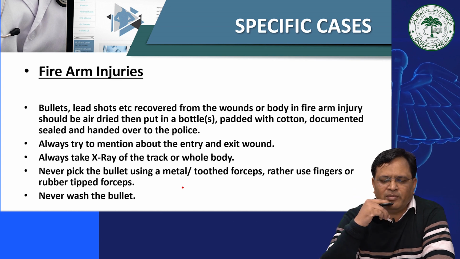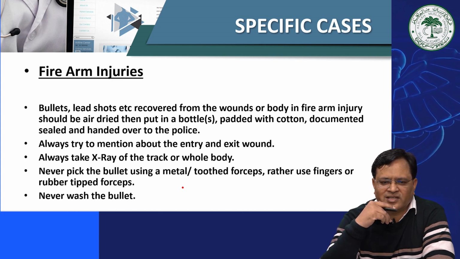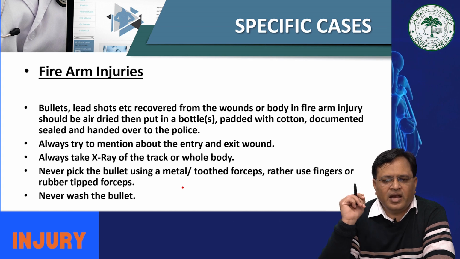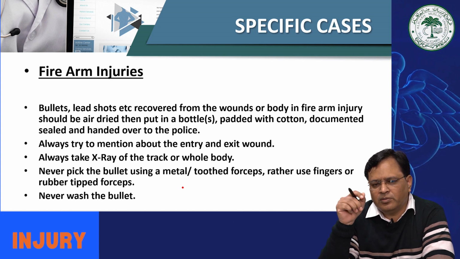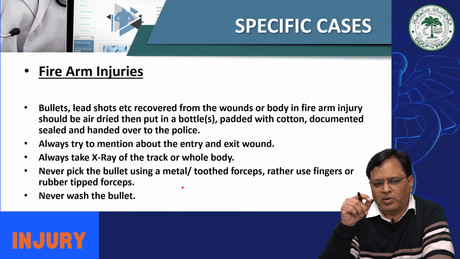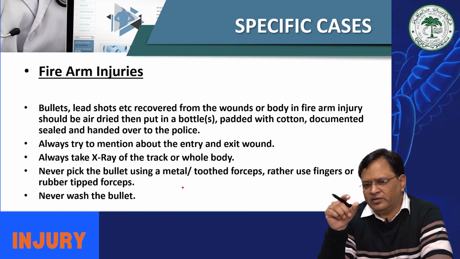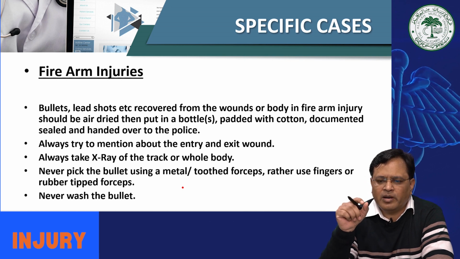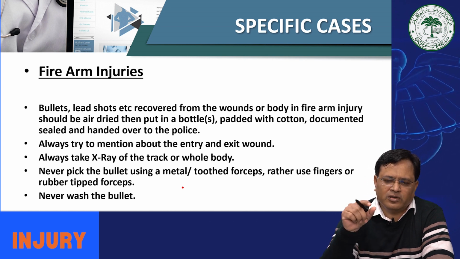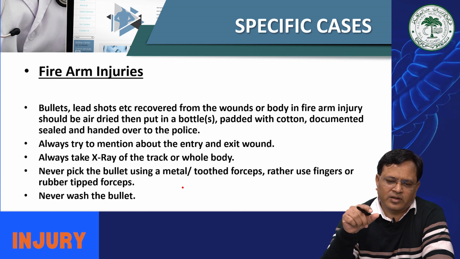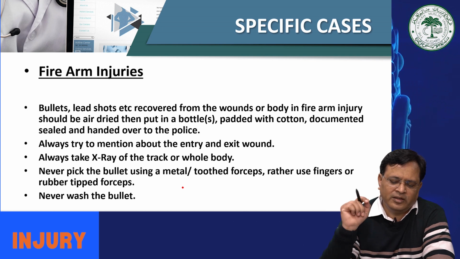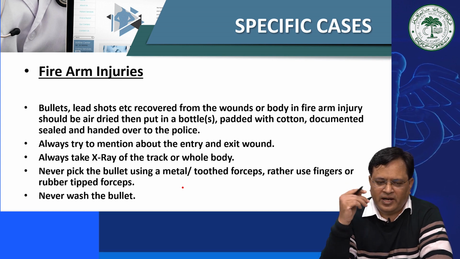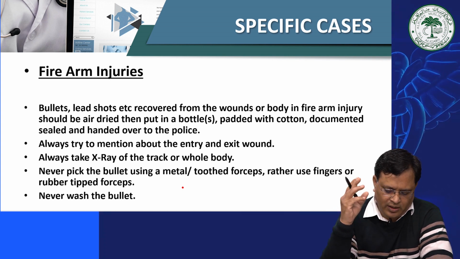Specific cases: firearm injuries, bullet, lead shot, etc. Anything required from the wound or the body in a firearm injury should be air dried, should not be put in a bottle, padded with cotton, and documented. The forceps with which we pick up the bullet should also have rubber on their tips, because the serrations of the forceps can leave another impression on the bullet, and that can lead to alteration in the findings or in matching of the bullet to the gun.